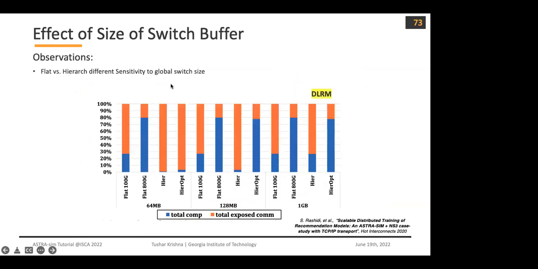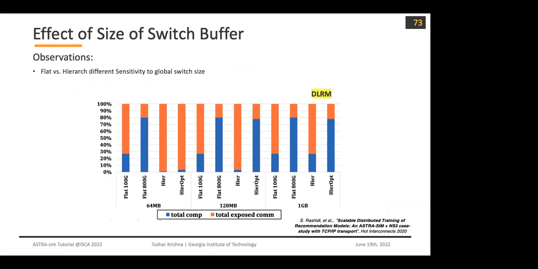And we were trying to experiment with the size of the switch buffer we would need, especially if you're running some things in a scale-out manner with TCP/IP. And what we identified was, depending on the topology itself, if you have a flat topology versus a hierarchical topology, and you have different sized switch buffers, the amount of exposed communication can vary quite a lot.